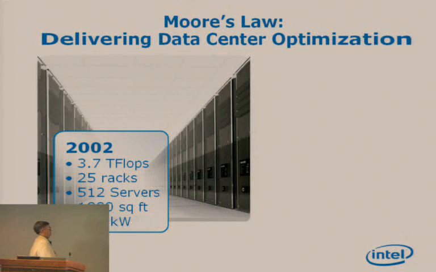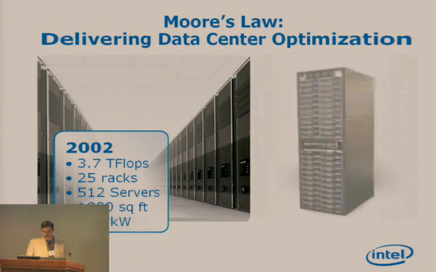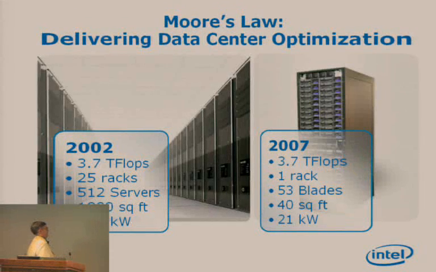If you go back to 2002 and ask yourself, what did it take for 4 teraflops of computing power? This is basically 25 racks. It takes up 1,000 square feet, but a whopping 128 kilowatts of power to run this data center. 5 years later, we pack all that power, the 3.7 teraflops of computing power, into one rack with 40 square feet and 21 kilowatts.